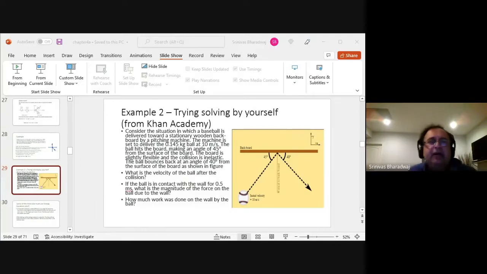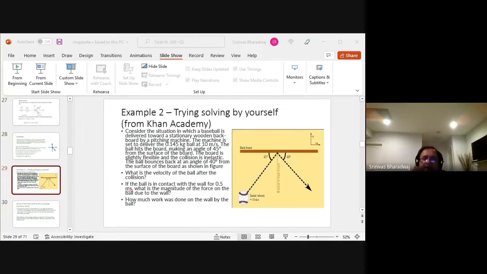So what is the velocity after the collision? See what is conserved? That is the first question. What is conserved in the horizontal direction, that is in this direction, is momentum.